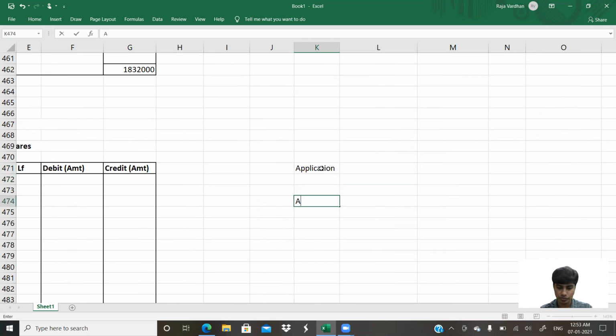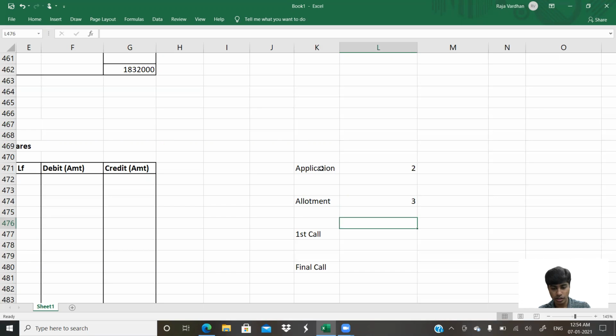Application, allotment, first call, final call. Shareholders. Okay, before that, application, how much per share? 2 per share.